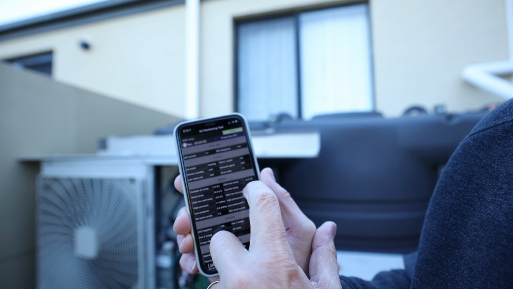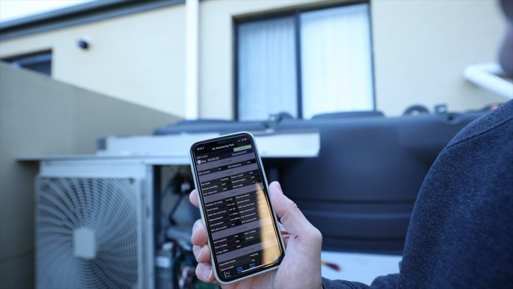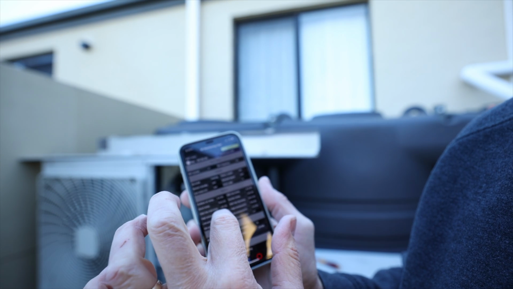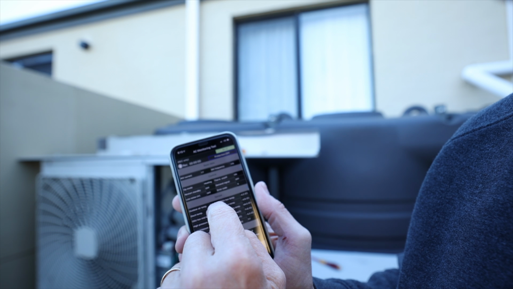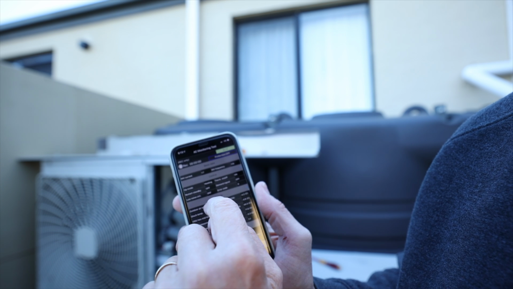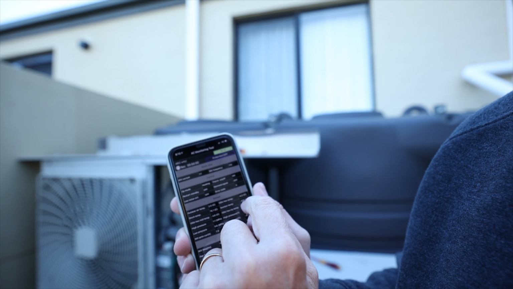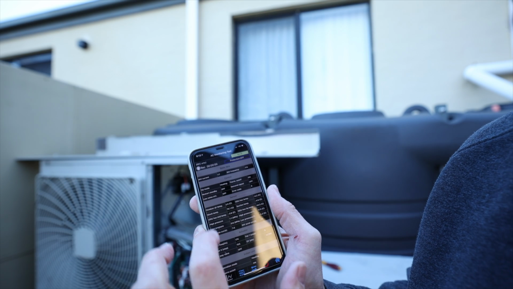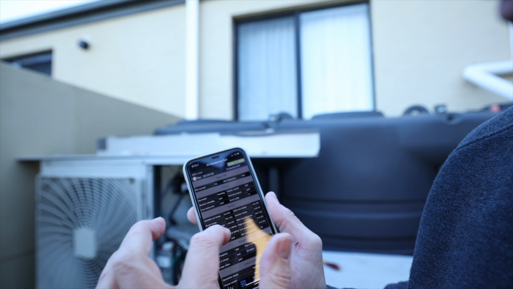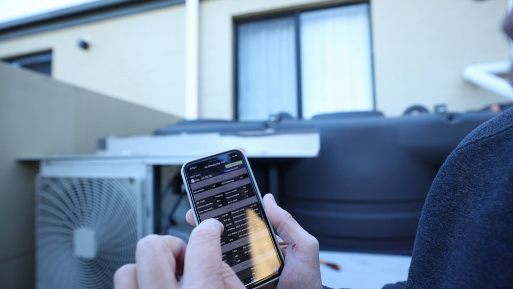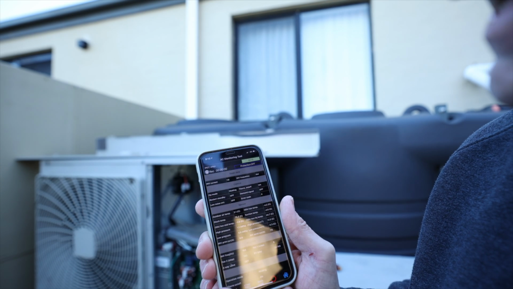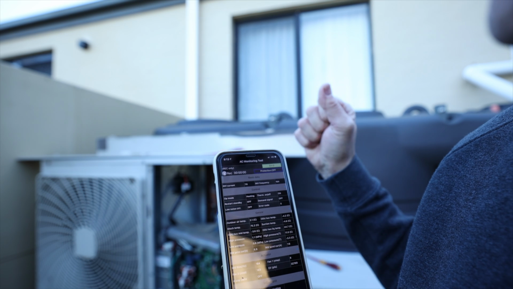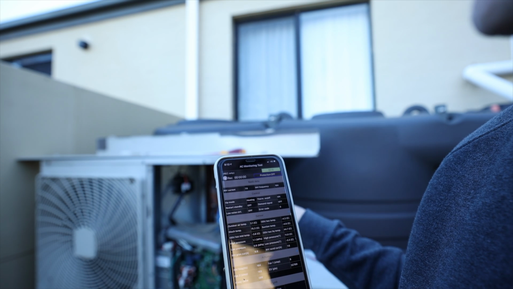So even though it's minus 4.5, the gas, and the outside temperature here is 2 degrees, there's about a 6K differential between the suction temperature and the outside temperature, 6 or 7K, which is what it's meant to be. So yeah, the gas is boiling at minus 4.6.